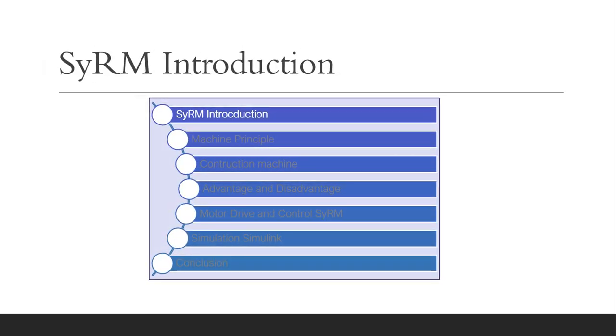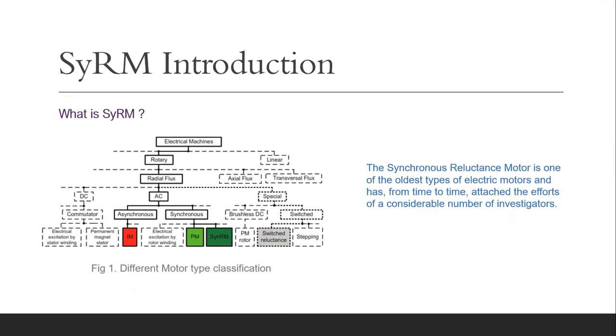Okay, so let's get started with the synchronous reluctant motor introduction. As you know, the synchronous reluctant motor is one of the oldest types of electric motor and has from time to time attracted the effort of a considerable number of investigators. First, the different types of motor classification. We have the rotary machine and the linear machine. In the rotary machine, we have the radial flux, which covers the AC or DC motor.